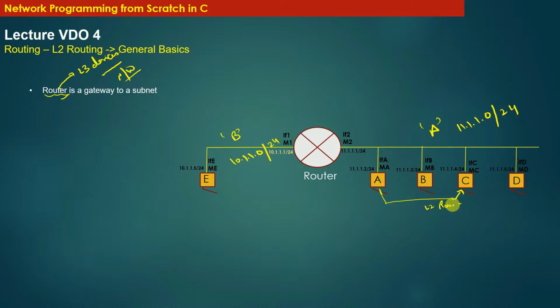But if machine A wants to communicate to machine E, now machines E and A are present in different subnets, right? So L2 routing cannot redirect your packets from source machine A to destination machine E because they are present in different subnets. So here we need L3 routing, and because we need L3 routing, we need an L3 router.